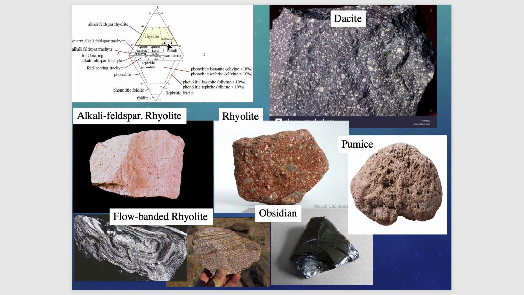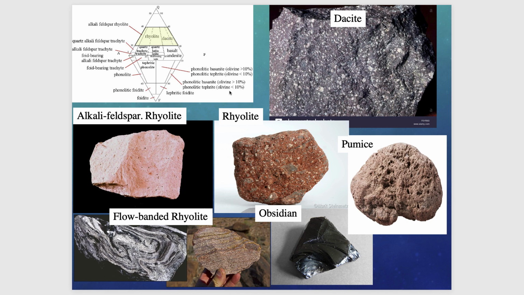So pyroxene will be abundant also in this rock. So a rock dominated by plagioclase and pyroxene, but has also quite a bit of quartz, will be your dacite.